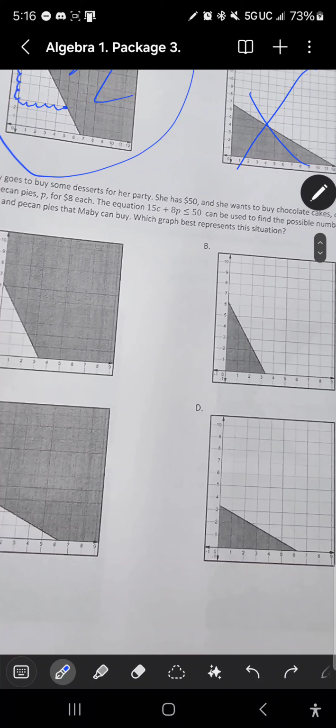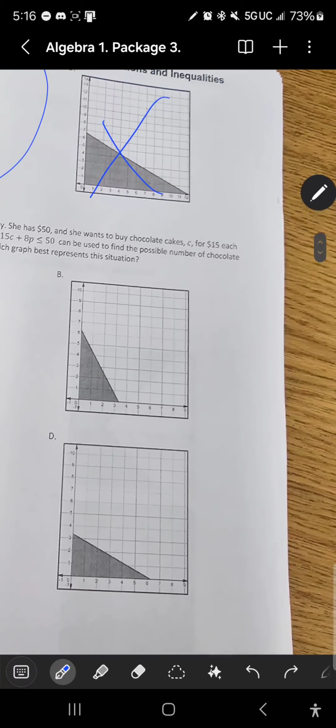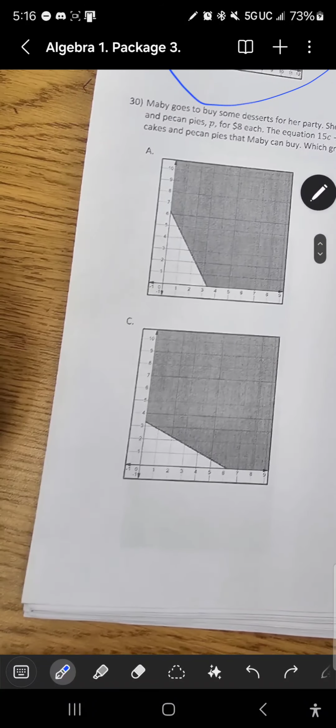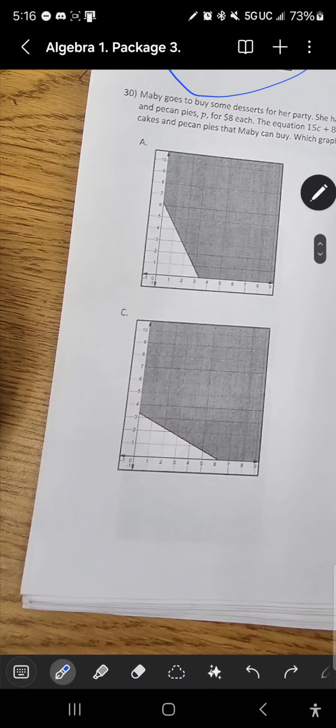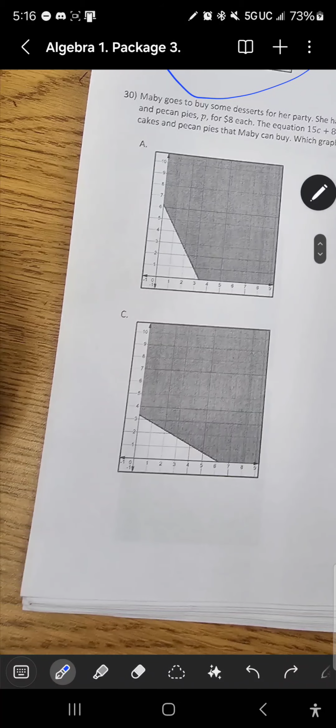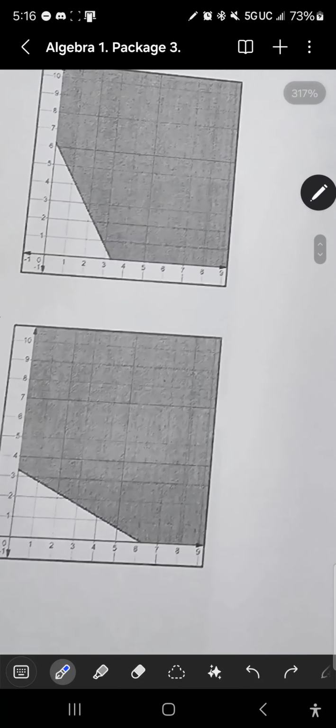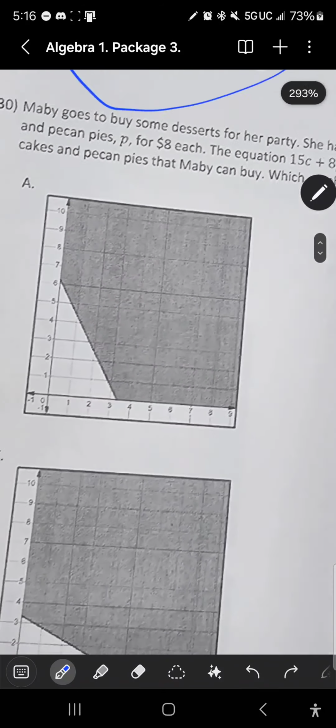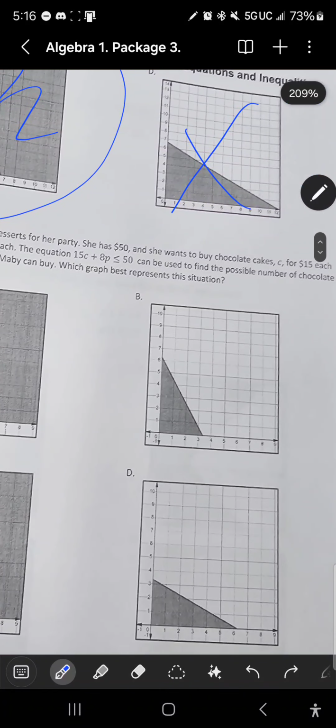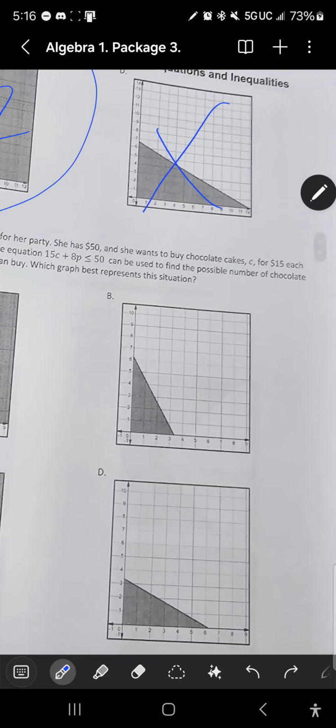Which graph best represents the situation? So first of all, I need to know which one is... okay, they must say it, but they don't. That's weird.